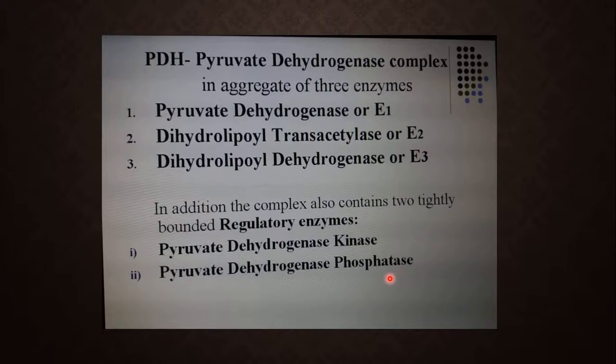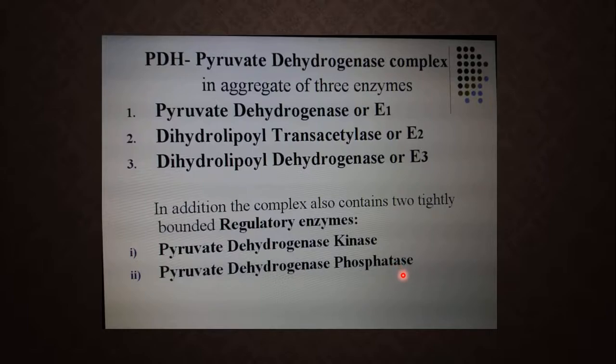This is the total number of enzymes present in the pyruvate dehydrogenase complex. Sometimes there is a university question to mention the enzymes present in this PDH complex, so you have to answer as I have mentioned here in this diagram.